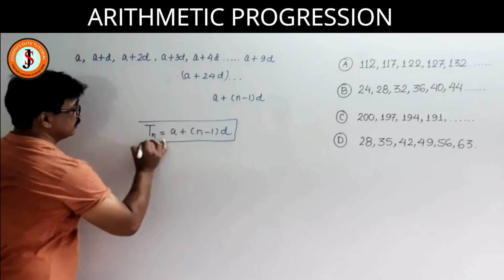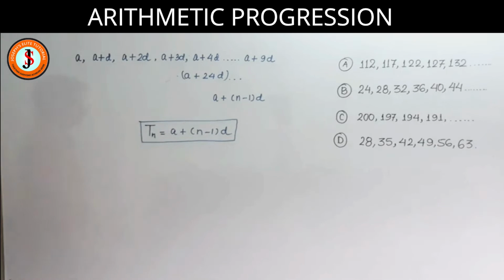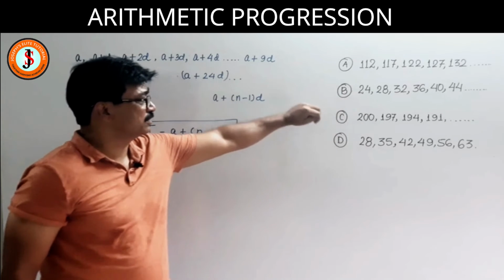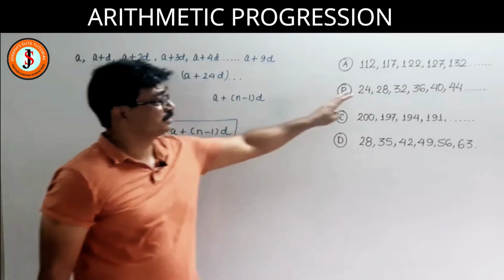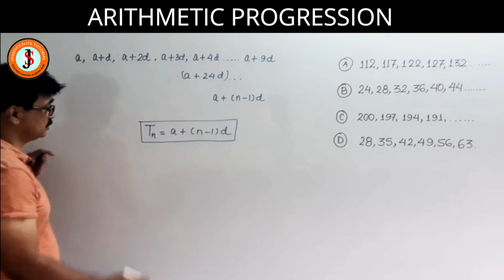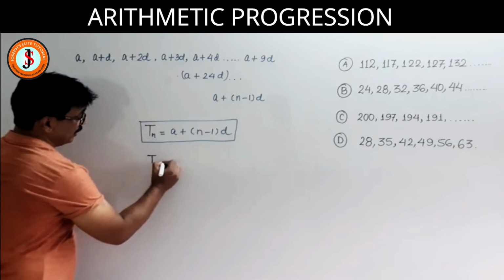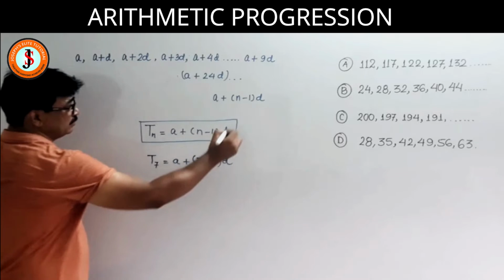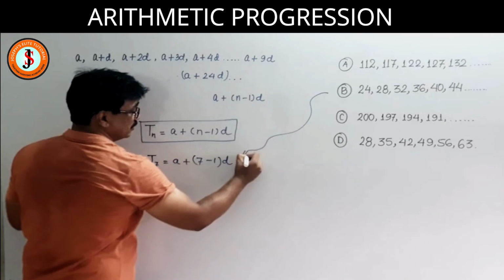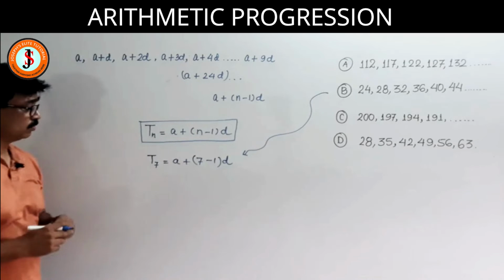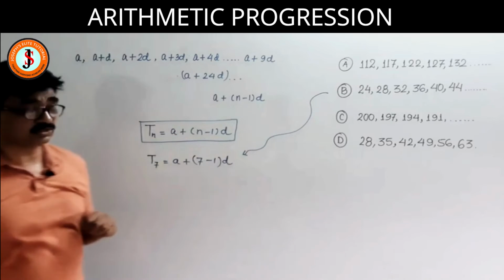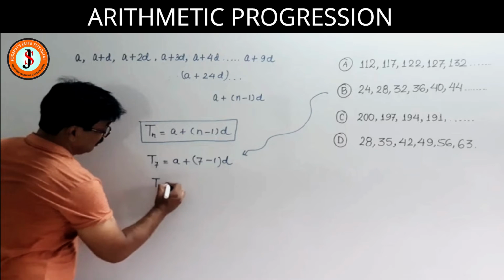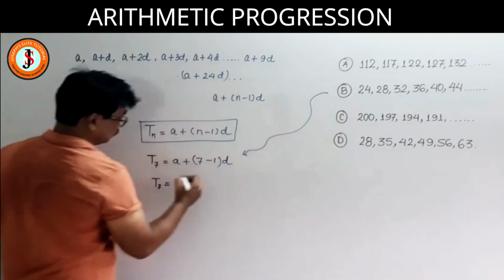Now let us see one sum, then we will understand. Suppose I ask you, what is the seventh term of this sequence? So T7 I have to find out, and that will be A plus 7 minus 1 into D. A is the first term, so it is 24.